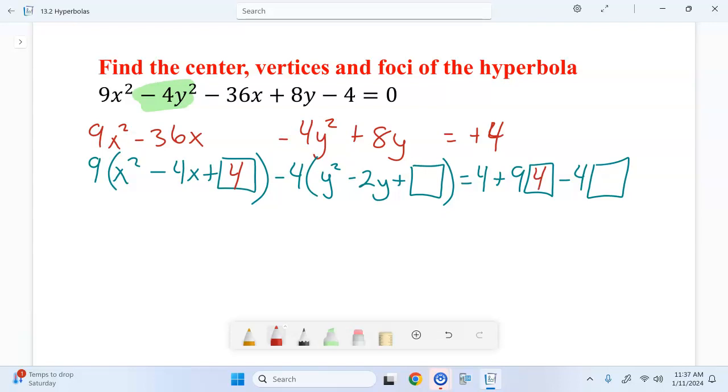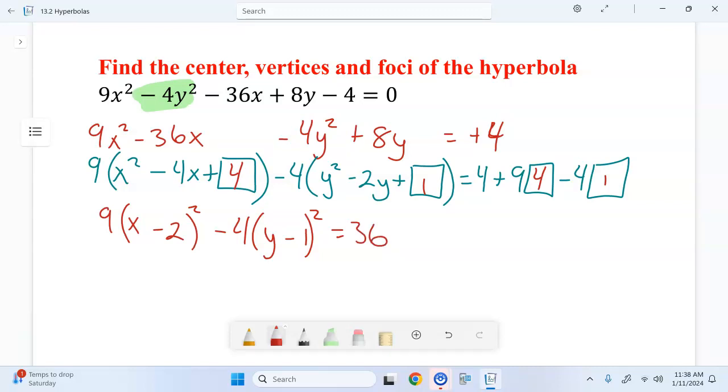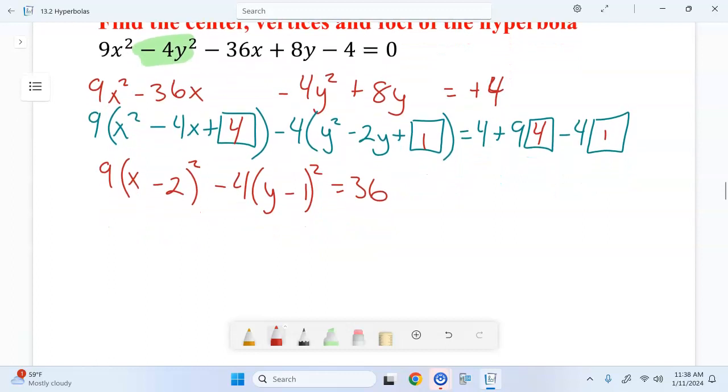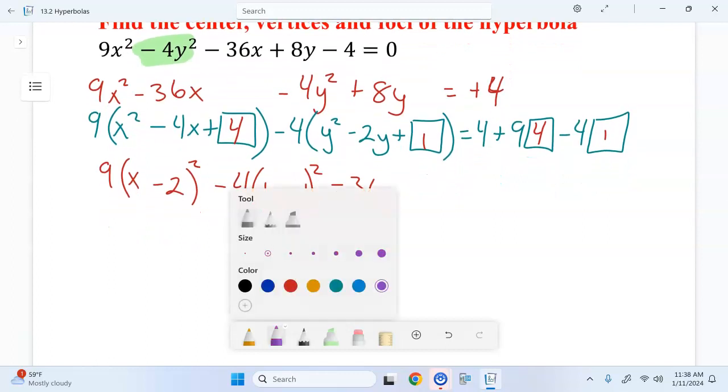What goes in our second box? 9 times (x minus 2) squared, minus 4 times y, equals. You said 36. Well, I did say 36. That's why I wrote it down. Last step. Divide everything by 36.